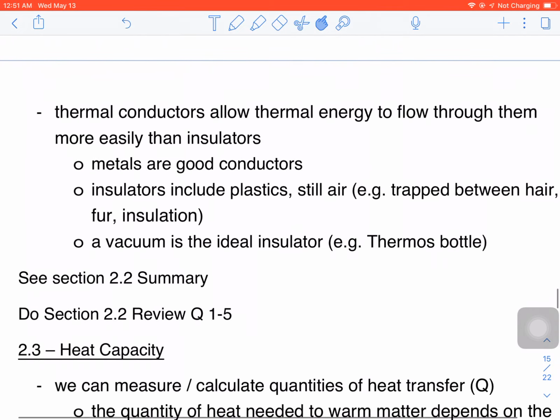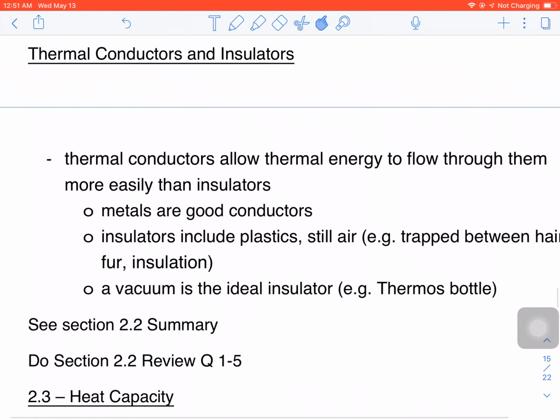Now, the textbook talks a little bit about thermal conductors and insulators, the fact that some types of matter resist that ability, that they don't accept thermal energy well. When thermal energy tries to go into them, they resist that absorption of energy, and that makes them good insulators.